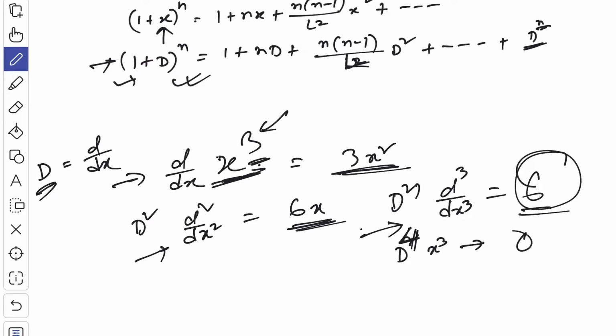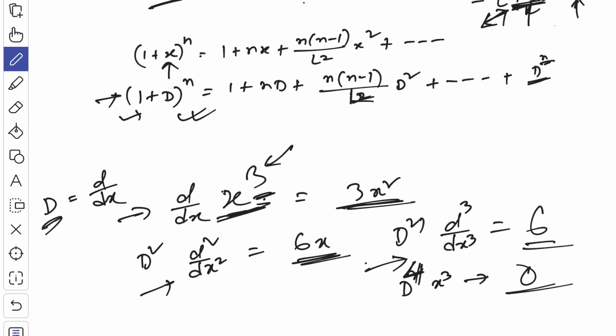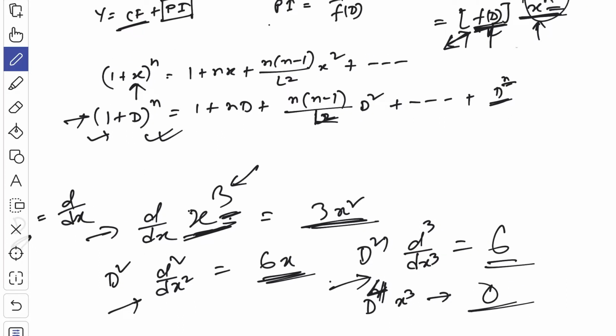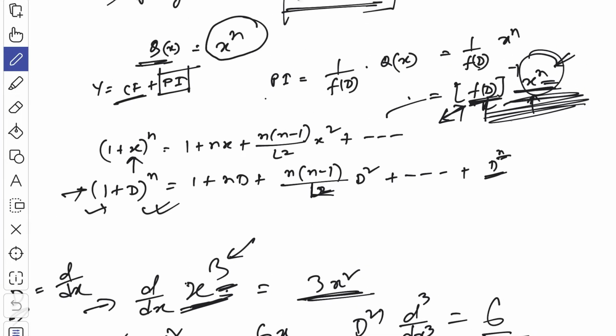If you differentiate this 6 again, you will get 0, since the derivative of a constant is 0. That's why we will ignore those terms where the power of D is greater than the power of x in this expression. So hope you have understood. Now let us start.